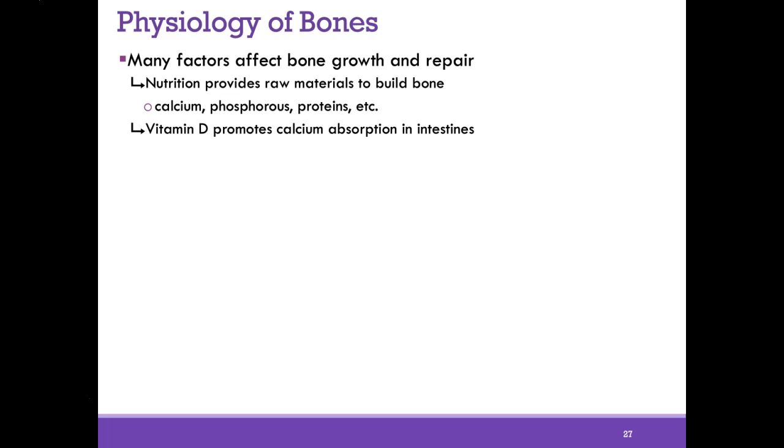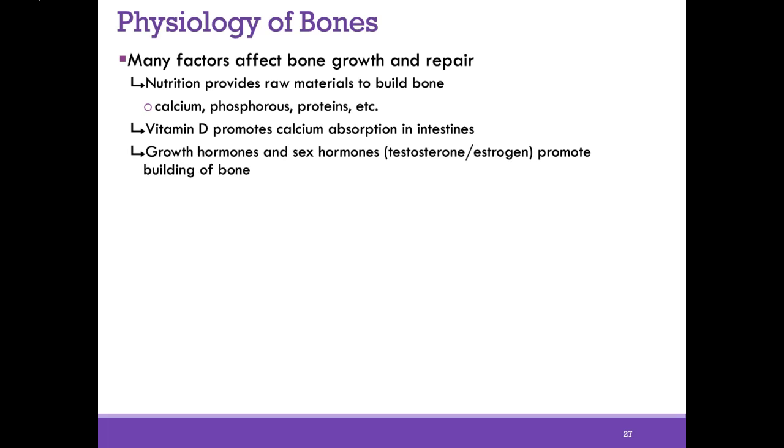In order for our calcium to be taken from our intestines into our bloodstream, we need vitamin D's help. That's another dietary requirement we need, and we also need sunlight to get proper vitamin D. We also rely on growth hormones and sex hormones to promote the proper building of bone. And like I mentioned before, weight-bearing exercise is the stimulus to make bone stronger.